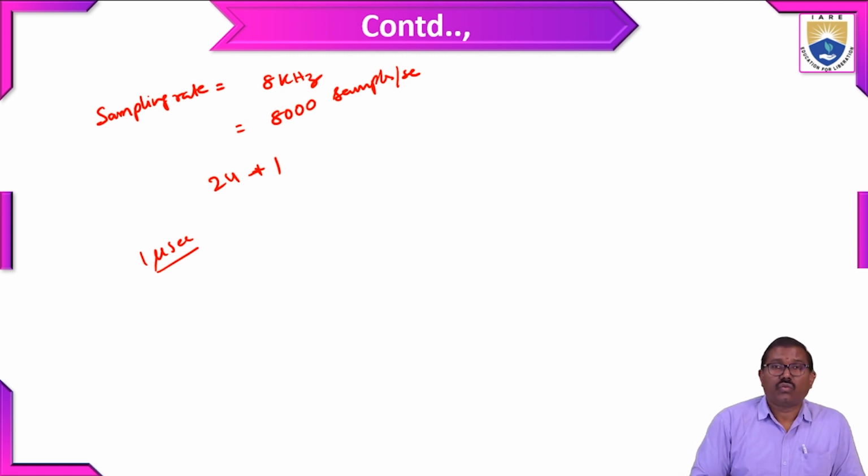Now what is the time taken by the commutator for one rotation? The commutator is moving in this way, with 24 channels like this.